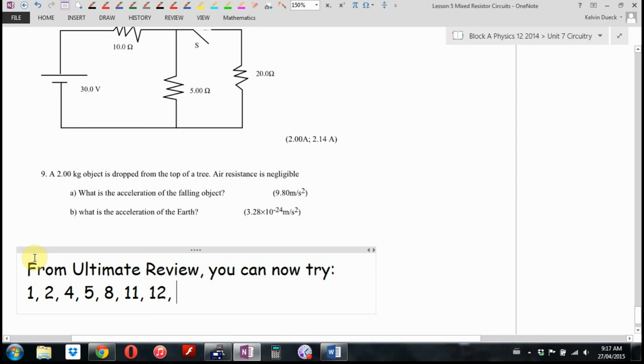These are good indications of the kind of written questions you're going to have. 13, 16, 17, 18, 21, and 23. There's a good start. Okay.